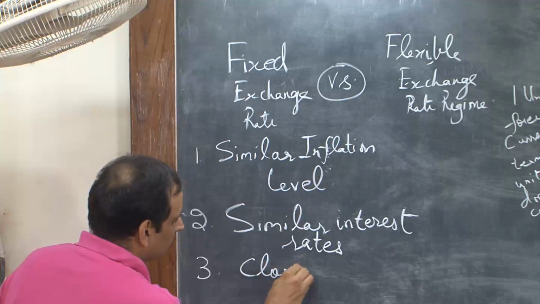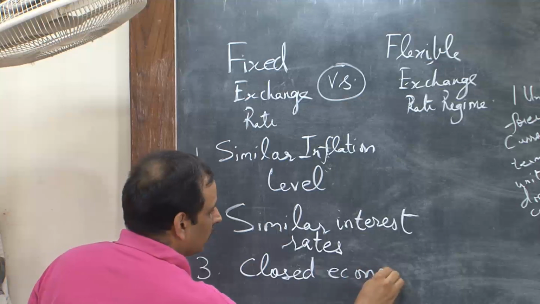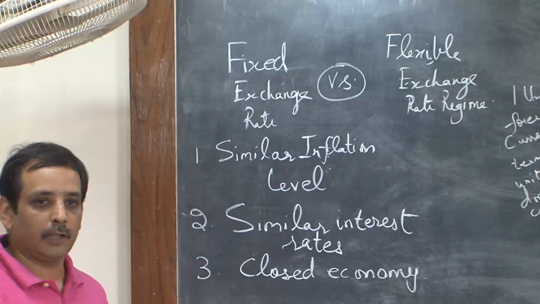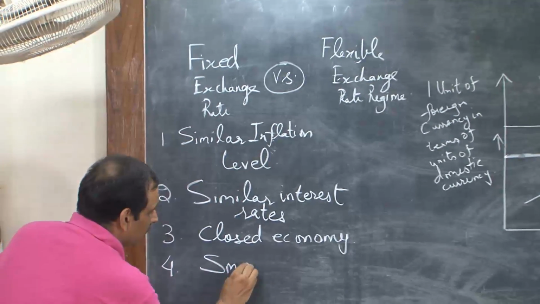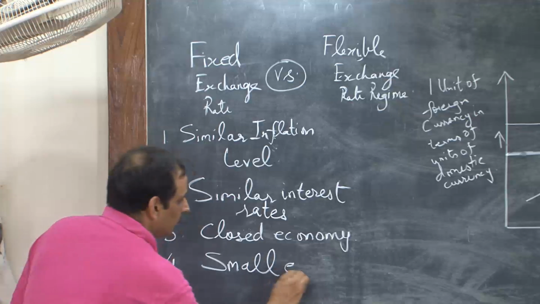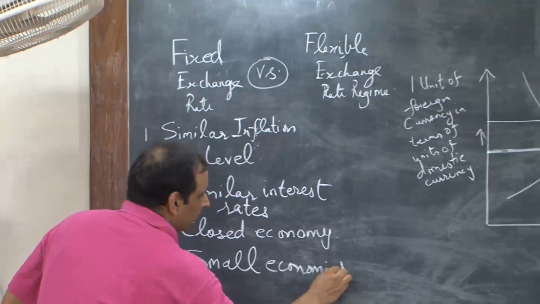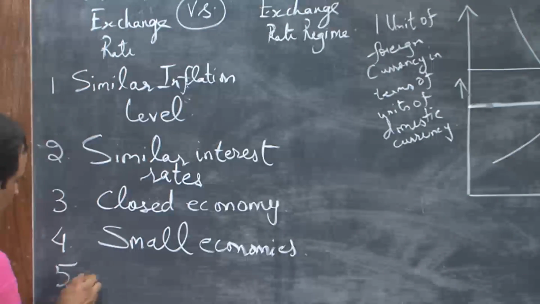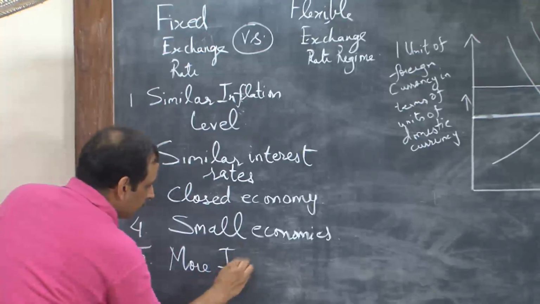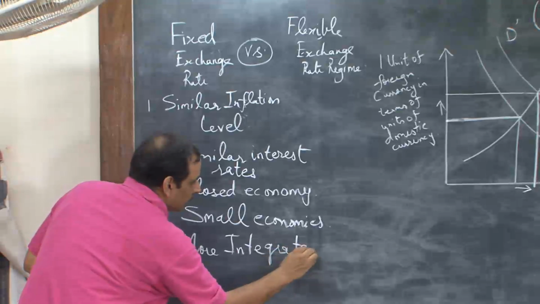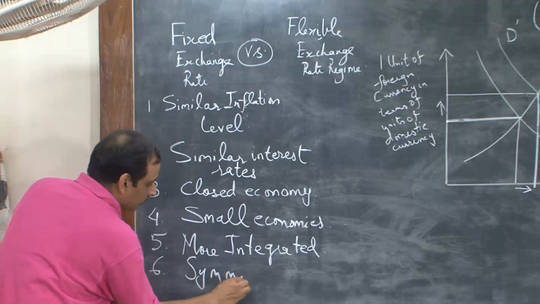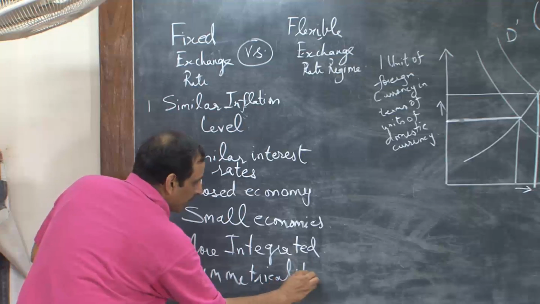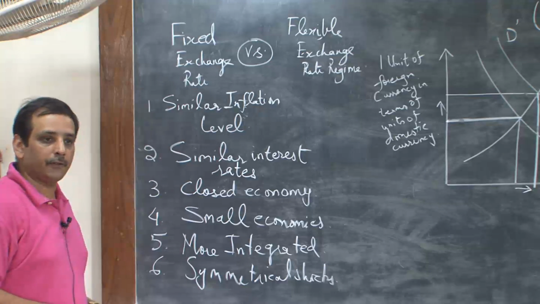Countries which are closed, that is trade to GDP is lower, should adopt the fixed exchange rate. Countries which are small, they should adopt the fixed exchange rate. Countries which are more integrated, they should adopt a fixed exchange rate. Countries which face symmetrical shocks, they should adopt a fixed exchange rate.